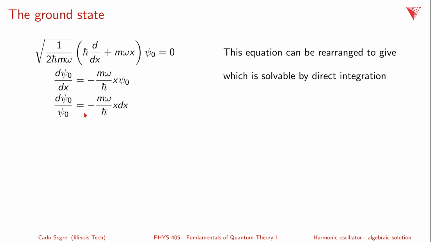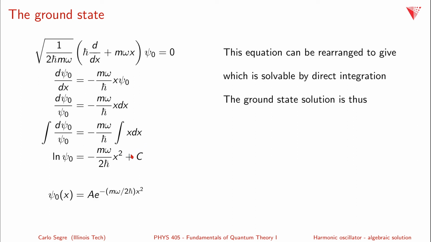Fine, this is just the natural log of psi 0, and if I take that integral, I'm just integrating x dx, giving x squared over 2. And so I get natural log of psi 0 equals minus m omega over 2 h bar x squared plus a constant.